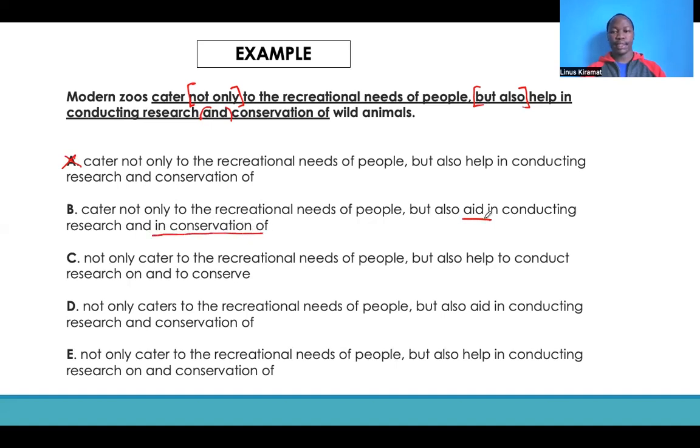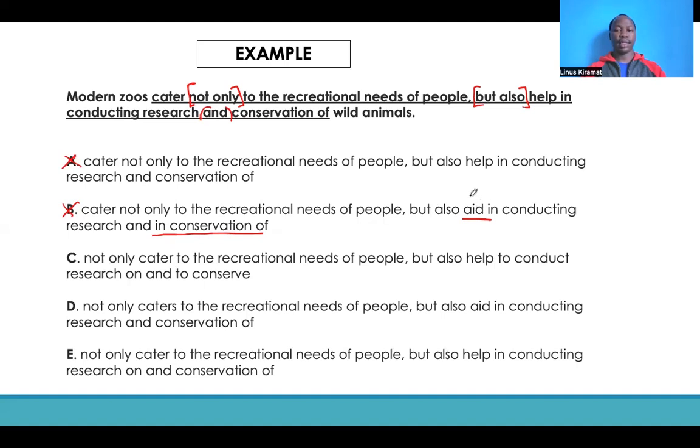This part of the sentence could be correct, but remember, the first part is not in the same parallel structure as the other two sentence elements, all right? For that reason, we could eliminate B, because if it was in the correct parallel construction, we could have not only cater to the recreational needs of people, but also aid.